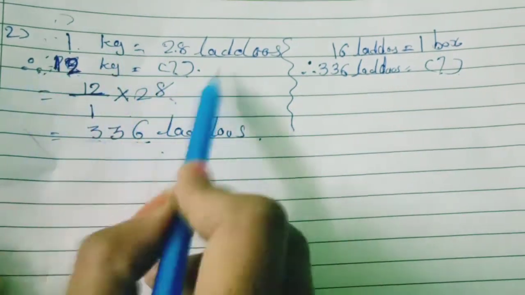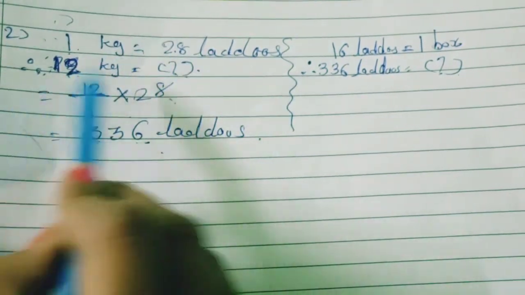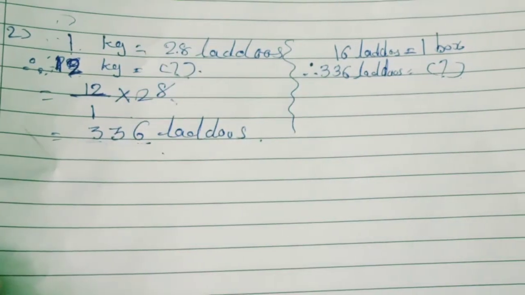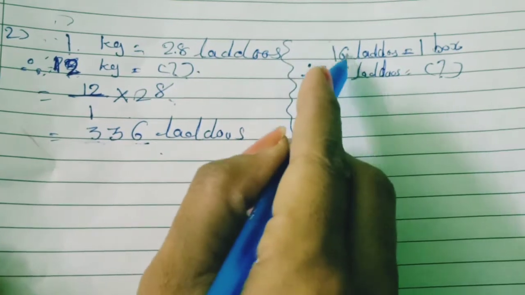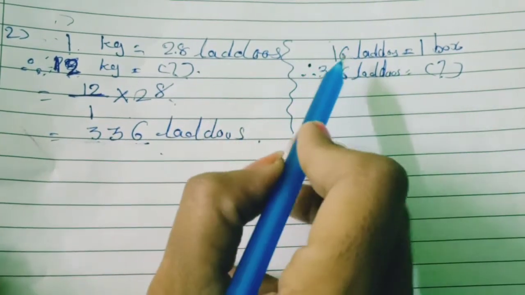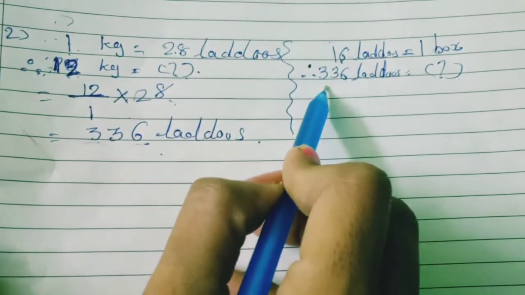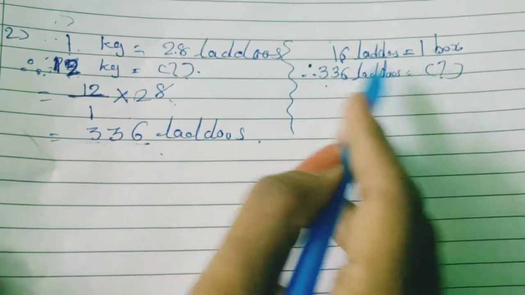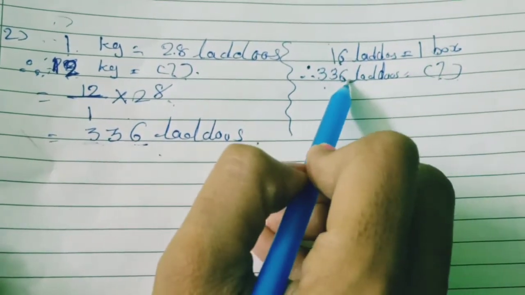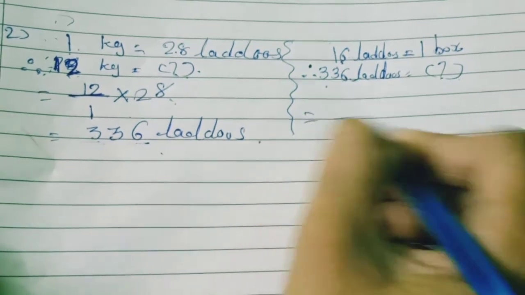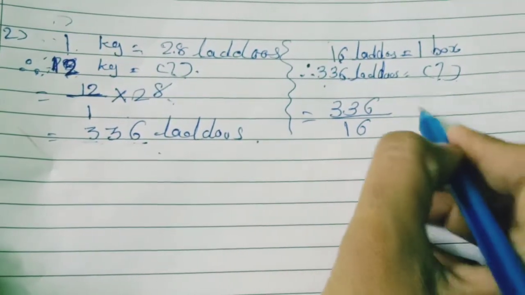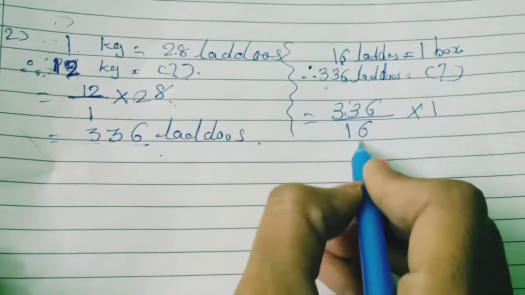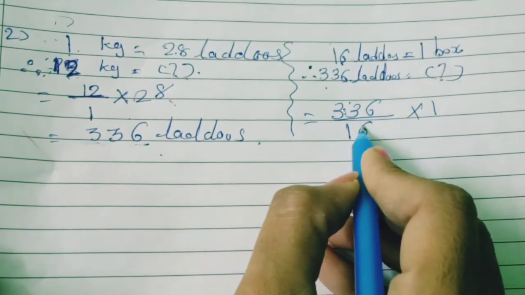यहाँ simply दिया था 1 kg में 28 है तो 12 kg में कितने? Simply we have to find out the two numbers. But here they have given 16 laddu ही चाहिए एक में. In one box 16 laddu. So we have to find for 336 laddus. So let's do the reciprocal. 336 will go up and 16 will go down.